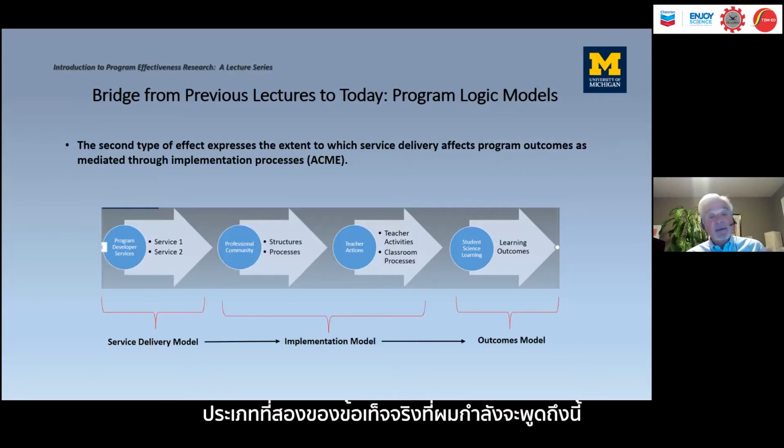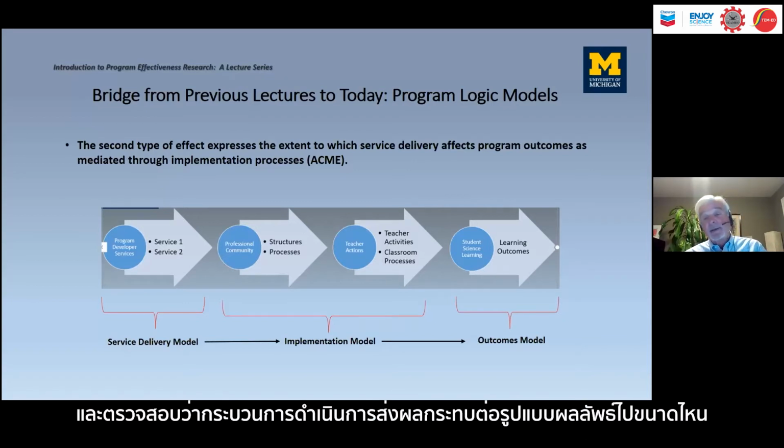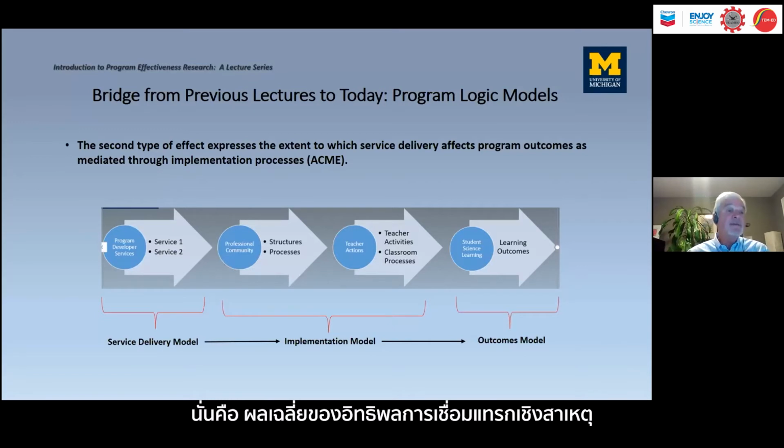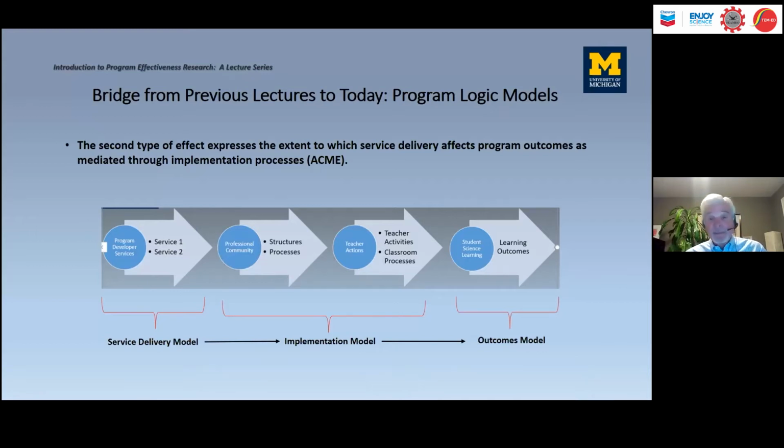The second type of effect that I'm going to discuss actually gets inside of that black box to investigate how implementation processes result from the service delivery model, and examines the extent to which those implementation processes affect outcome models. That's the average causal mediation effect by the language of causal effects that we're going to be discussing today.